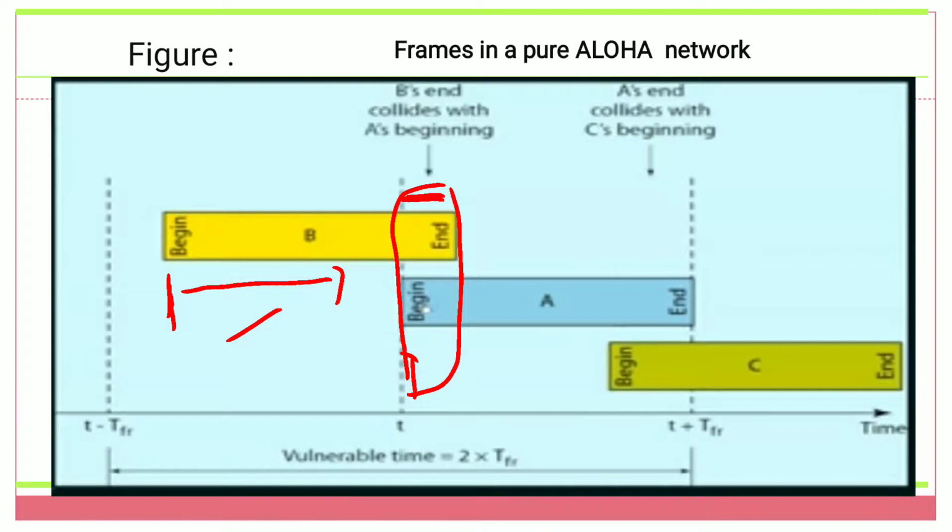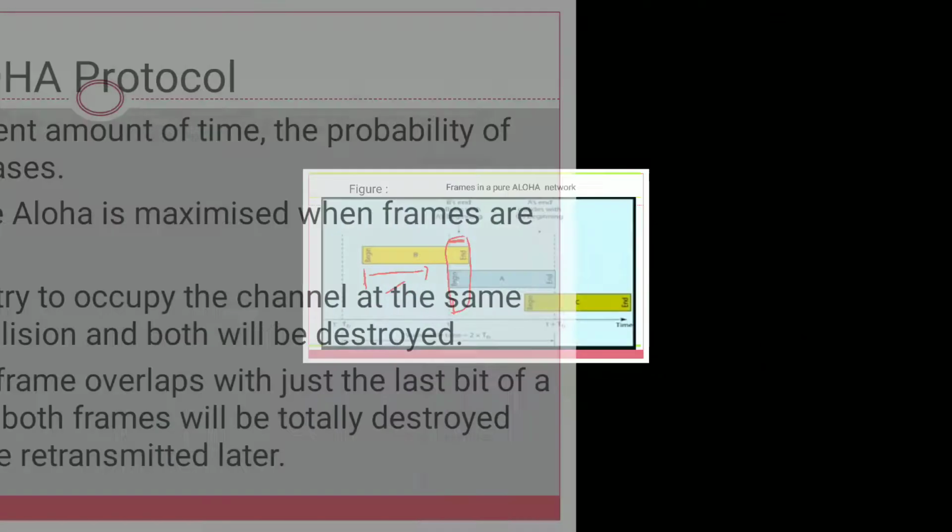Understand the point? It will collide at any point of time, whether at the starting position, the ending position, or the middle. If two frames collide, then both frames are destroyed. That is the point explained here.